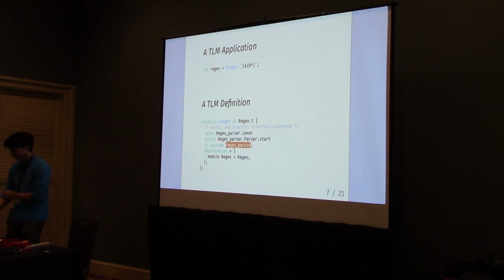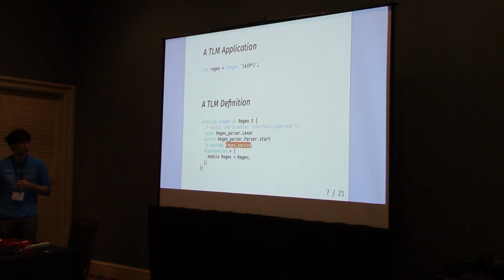Now, the reason why they're in a different package is because it's a macro system, right? So we have to run code at compile time, which means that we have some code and we want to know what dependencies that code has. Now we could have them list out a bunch of dependencies of all of the runtime libraries and their dependencies for the runtime aspect of this TLM. But instead we have them just package the TLM in a parser, and we don't have to worry about that.